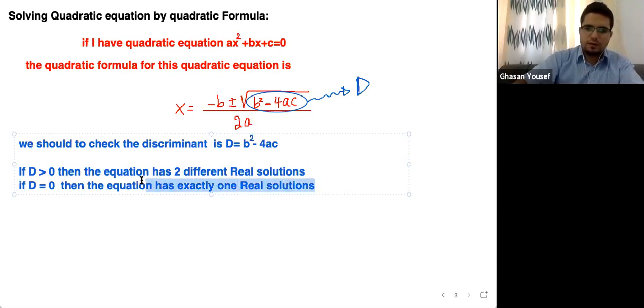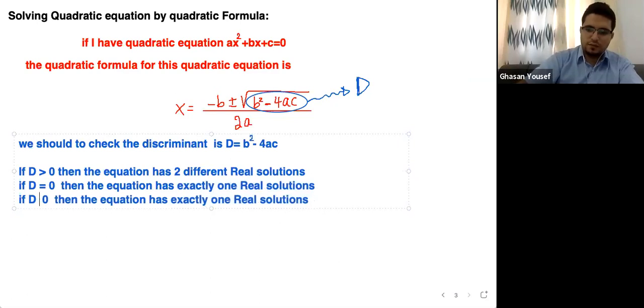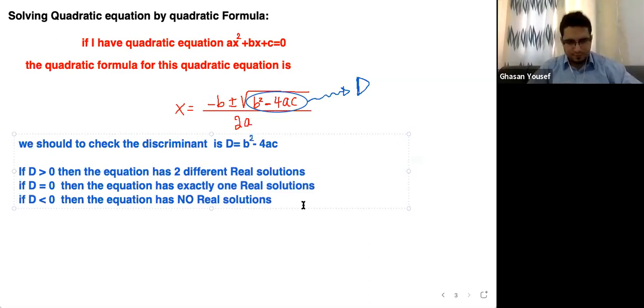But if this d is negative, less than 0, then the equation has no real solutions. So we have to check this d.